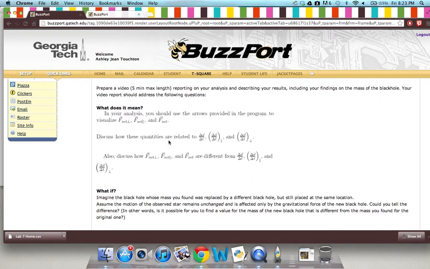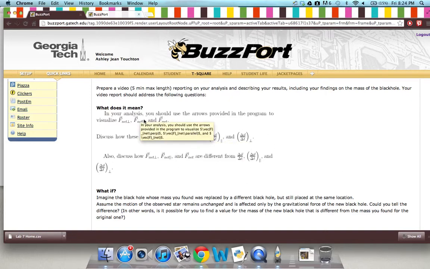So next we're going to analyze the differences between FNet perpendicular, FNet parallel, and FNet with delta P over delta T parallel, and delta P over delta T perpendicular. So these are all going to correspond perfectly with their values.